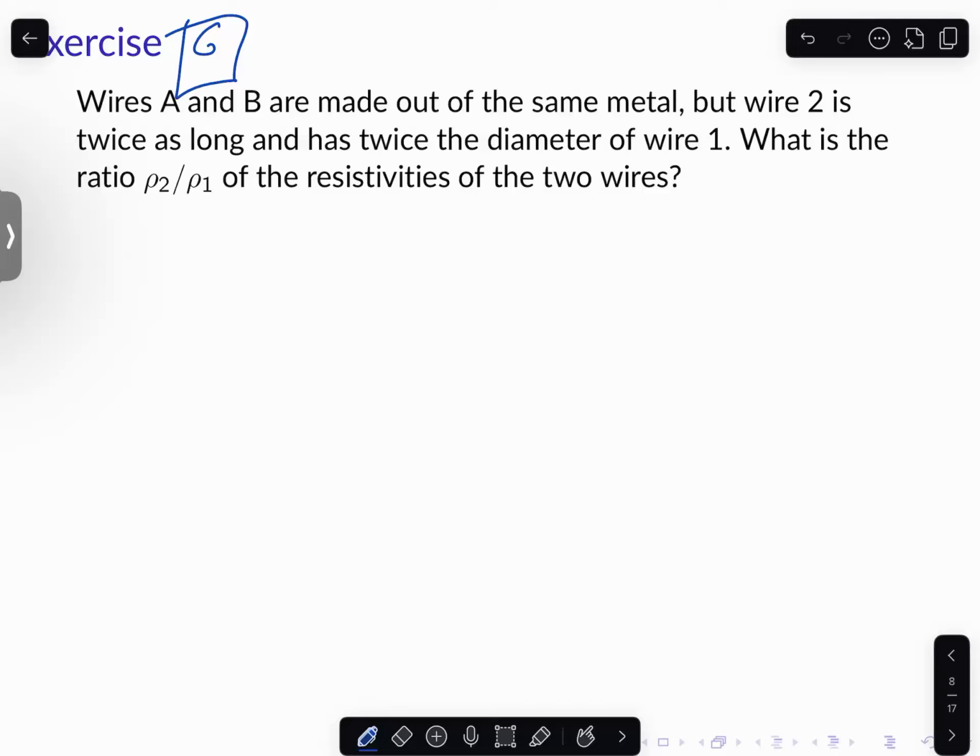What? Yeah, a ratio rho 2 divided by rho 1 is a number. Think about what I'm asking, is, by the way.